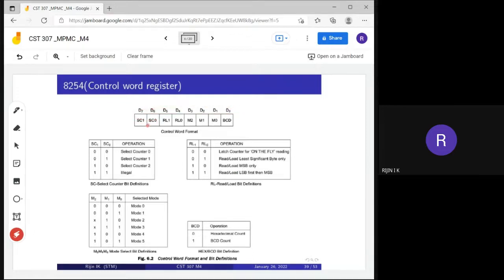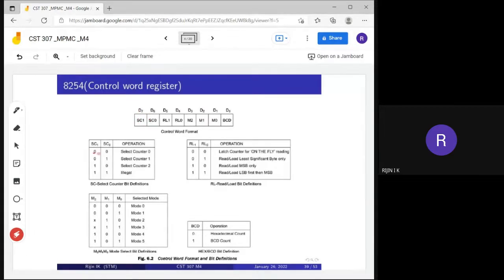In this control word register, the most significant 2 bits, D7 and D6, we will call SC1, SC0. These two bits represent the different counters. Based on the value of these 2 bits, it will select a particular counter.